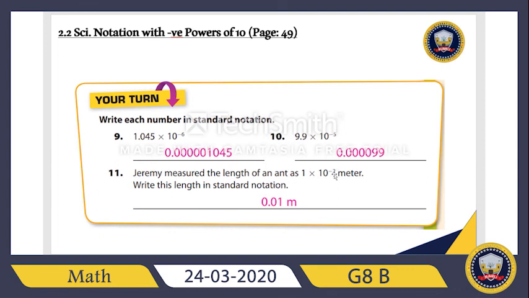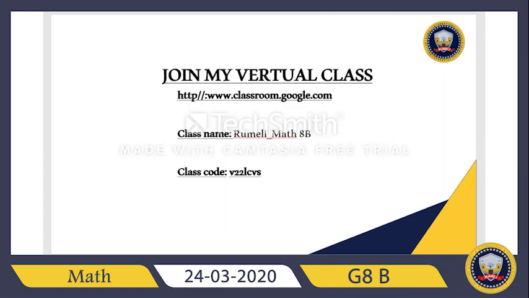Easy. My power is -2, so to convert this number to standard notation, I need to move the decimal point to the left. How many places? 2 places. So it will be 0.01. This is the standard notation for my number here.